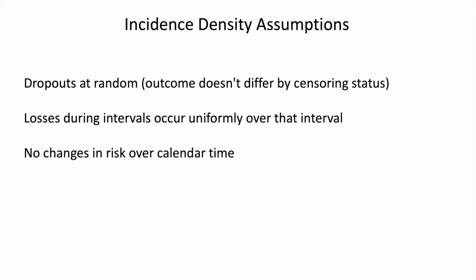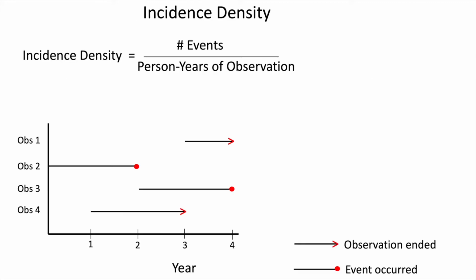So those who drop out aren't dropping out for a systematic reason, like if they're somehow getting sicker and stop showing up to appointments because they're unable to. Also, losses occur uniformly over intervals, if there are interval measures, and there are no systematic changes in risk over calendar time.